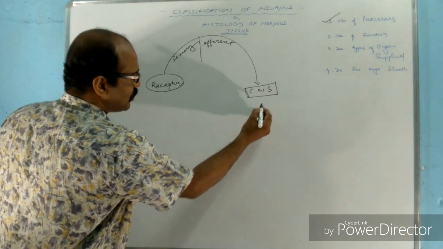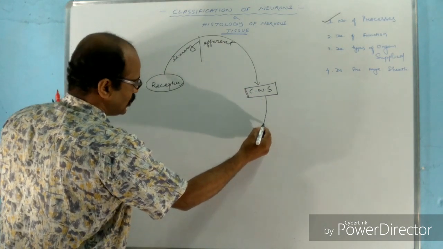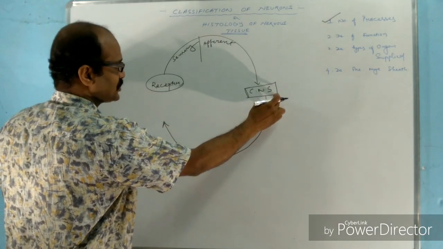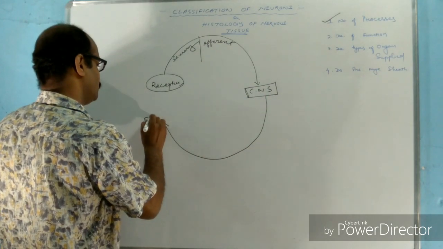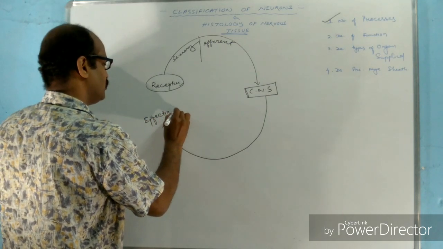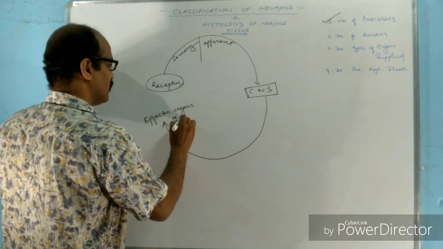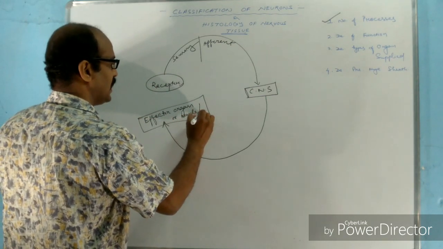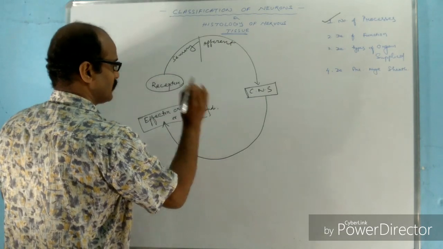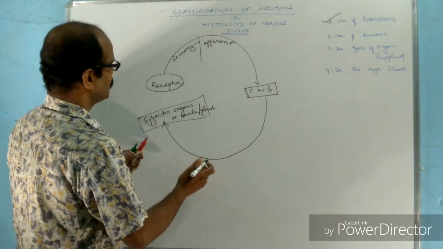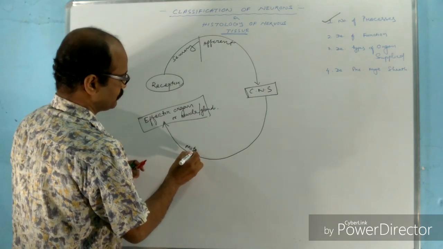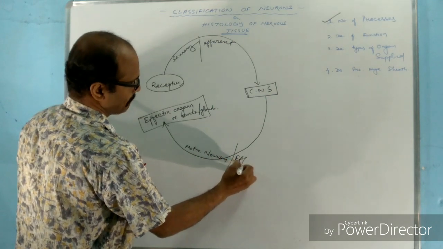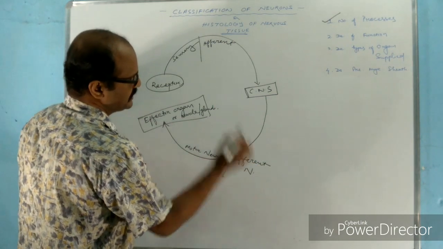Some neurons convey the effector impulse from the central nervous system to the effector organ, or muscle, or glands, and such neurons are known as motor neurons or efferent neurons.